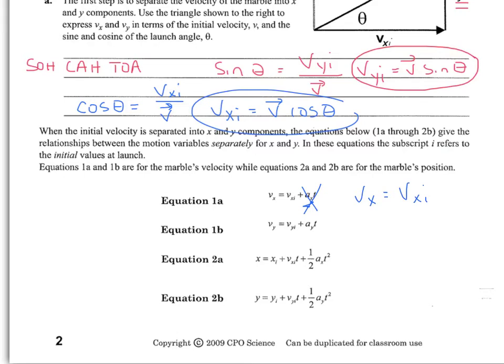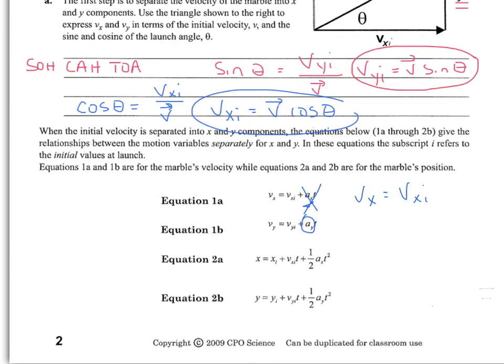The next equation you see here is Vy, the vertical velocity. You have that initial vertical velocity, and we also know that the acceleration acting on anything in the vertical direction is gravity, at least on Earth. That ay term is gravity.